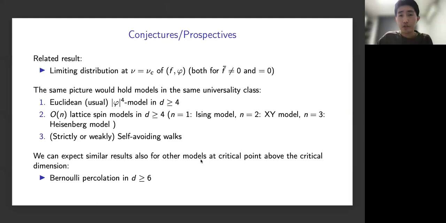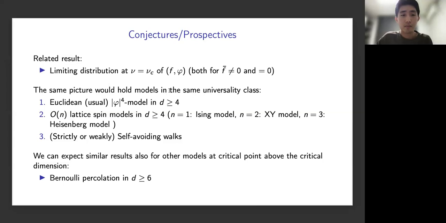I would like to conclude my talk with some conjectures and perspectives. As I have mentioned, I would like to show the ensemble scaling limit exactly at the critical points of the phi-4 model.